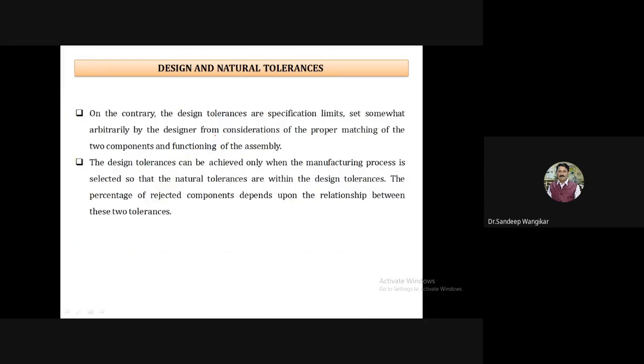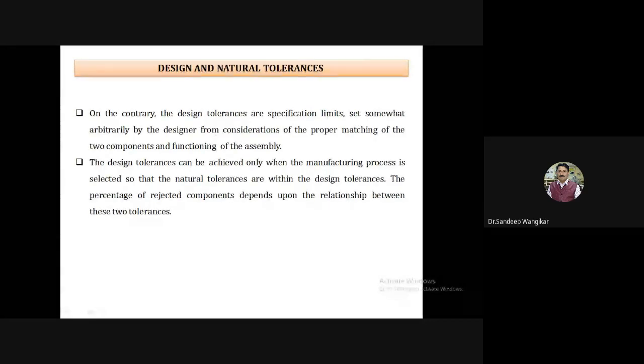So, design and natural tolerances. The design tolerances are specification limits set somewhat arbitrarily by the designer from consideration of the proper matching of two components and functioning of the assembly. The design tolerances can be achieved only when the manufacturing process is selected so that the natural tolerances are within the design tolerances.